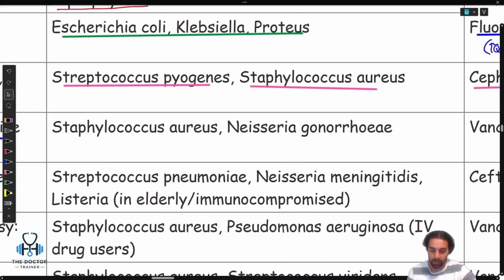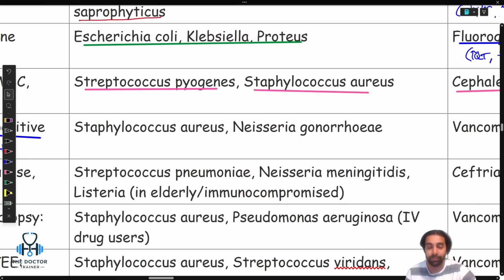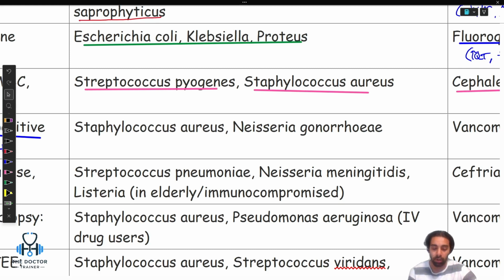So if it's a typical community acquired septic arthritis, it could also be strep. Strep sometimes will randomly pop up in a joint. If it was somebody who had instrumentation of that joint, think of staph and think of Pseudomonas as well.